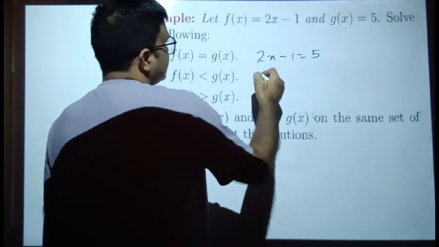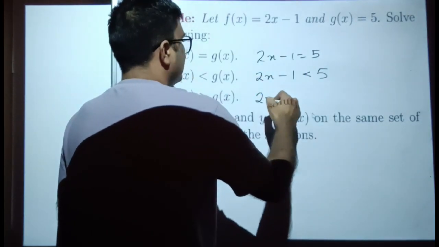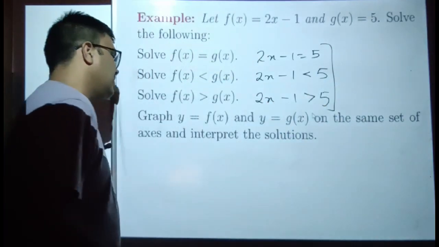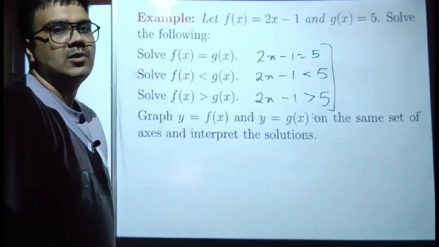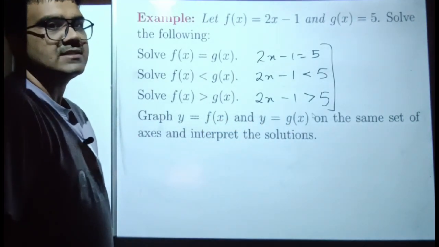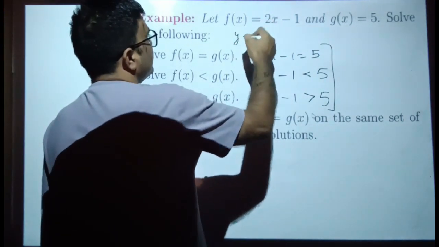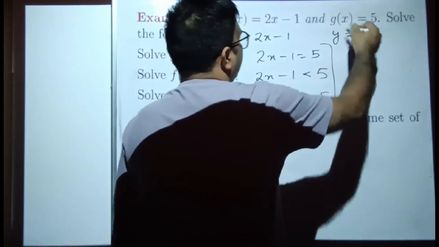Second, f(x) is less than g(x): 2x minus 1 is less than 5. And third, 2x minus 1 is greater than 5. We are trying to solve these three inequalities. First of all, we are going to plot y equal to f(x) and y equal to g(x), that is, y equal to 2x minus 1 and y equal to 5.